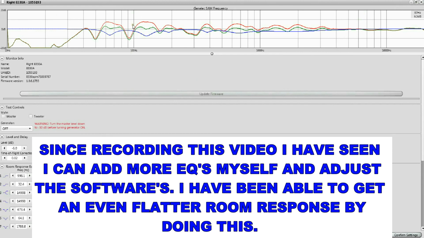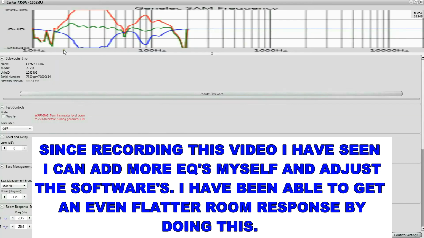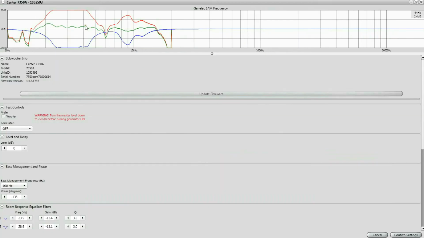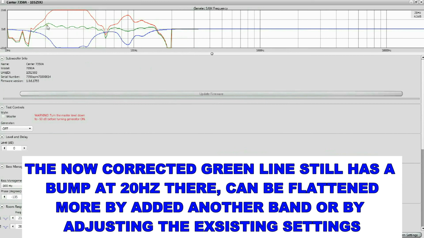But these are the speakers that are rolled off at 100 going into the sub. So although they look quite erratic down there, it's not affecting so much. The sub frequencies are now the balanced green line here. We've got a bit of a bump at 20 hertz, and then from 30 hertz up to that horrible little 60 hertz dip in the room, we've got quite a flat response compared to what we did have.